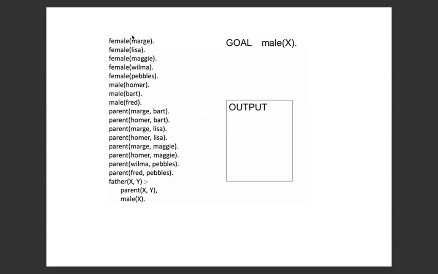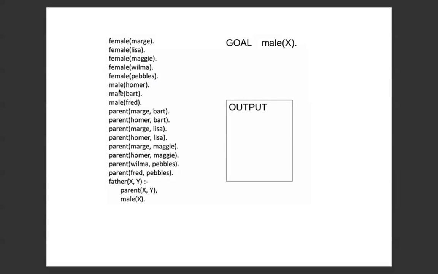As Prolog starts from the top, the first instance where it sees male as the predicate, since this is male, X must be Homer. And so that's why the first instance where X has a value is with X equal to Homer.